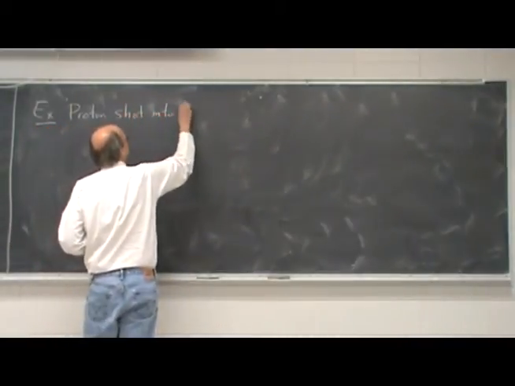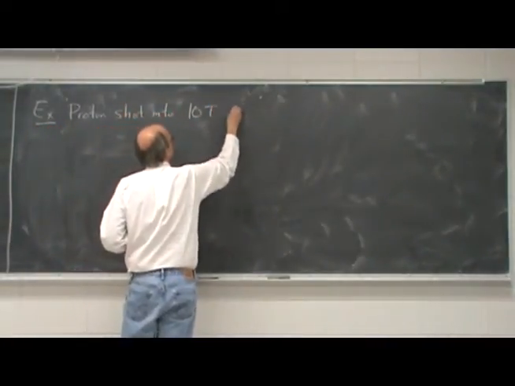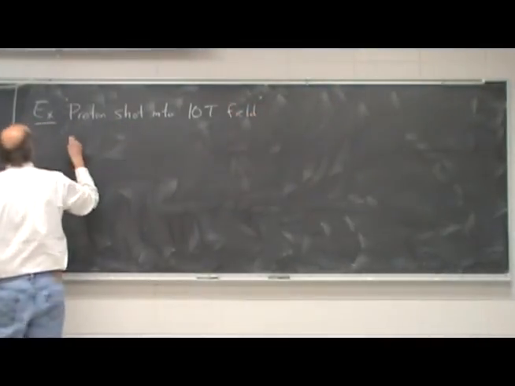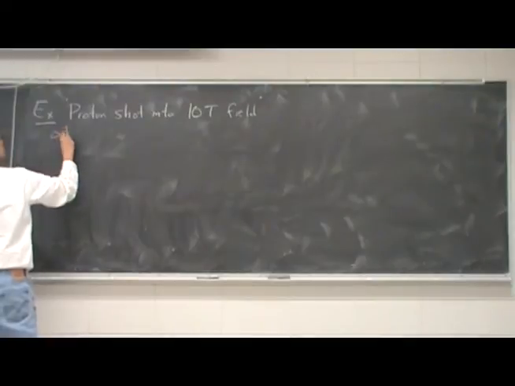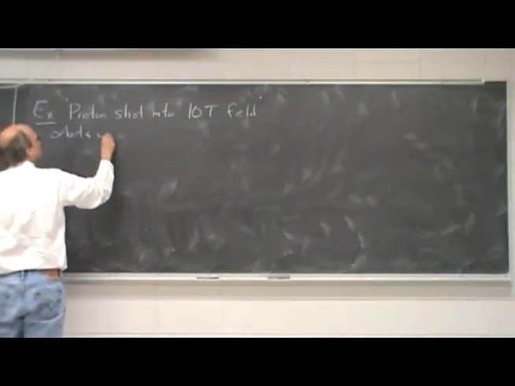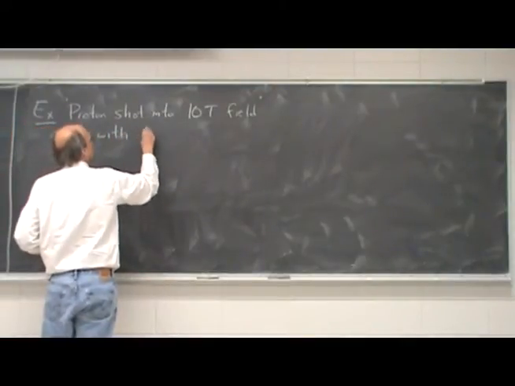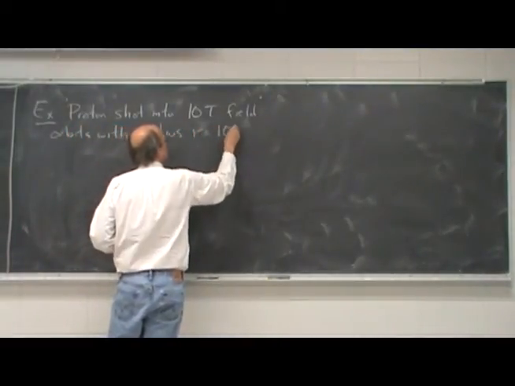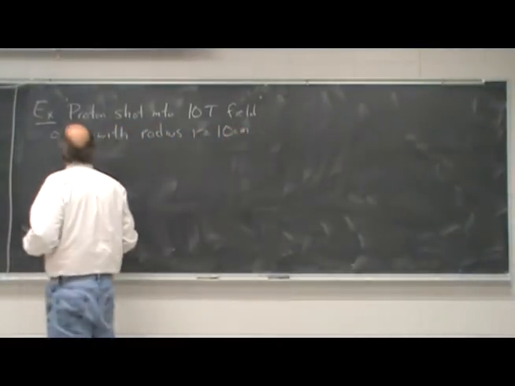So a proton shot into a 10 Tesla field orbits with radius r equals 10 centimeters. How fast is it going?